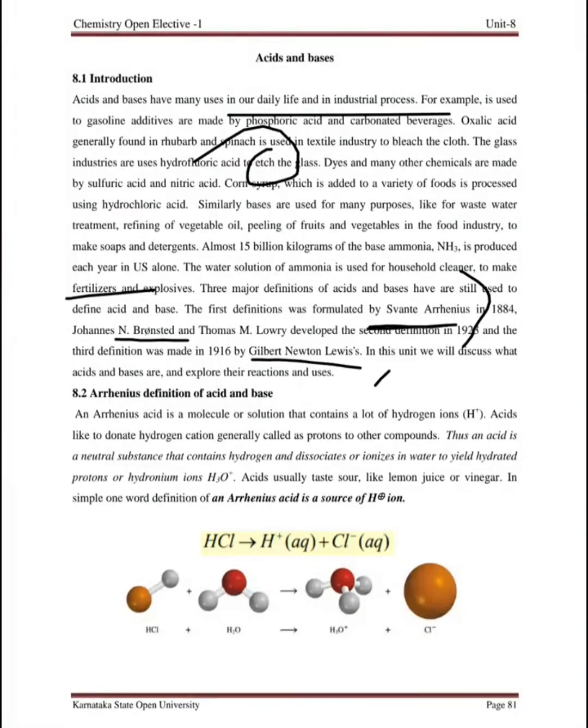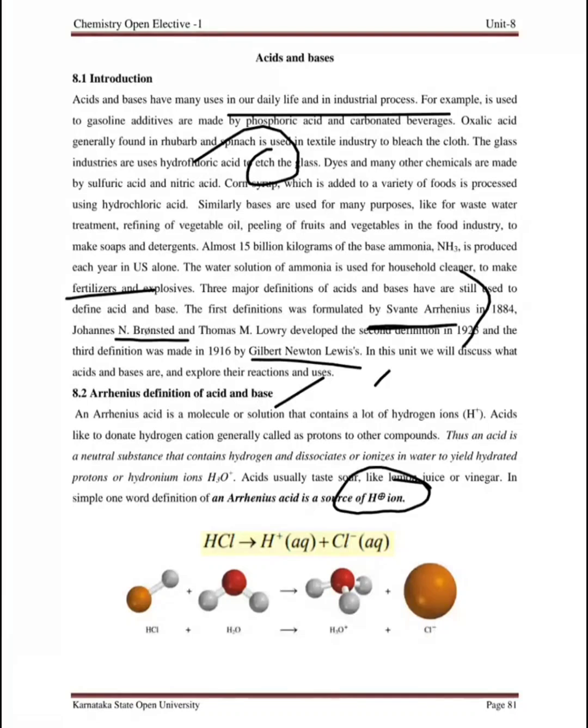The first is the Arrhenius theory, with its definition of acid and base. According to Arrhenius, an acid is a source of H+ ions. Acid is denoted by H+.